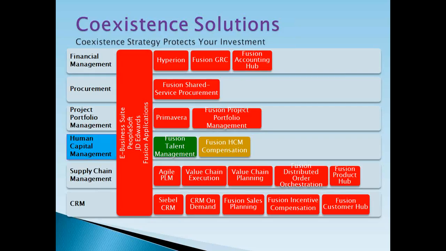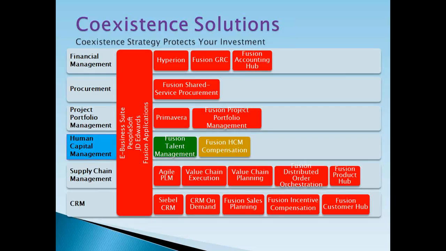Only talent management, that means your performance management, goal management, these things can be used as a coexistence if your existing applications are E-Business or PeopleSoft. In the same way, compensation too, because these are the two things which Oracle must have seen more demand for in the market, so that's why they offered these two initially. Maybe they will extend in future, or they may stop the coexistence model itself if multiple customers are ready to move entirely to Fusion.